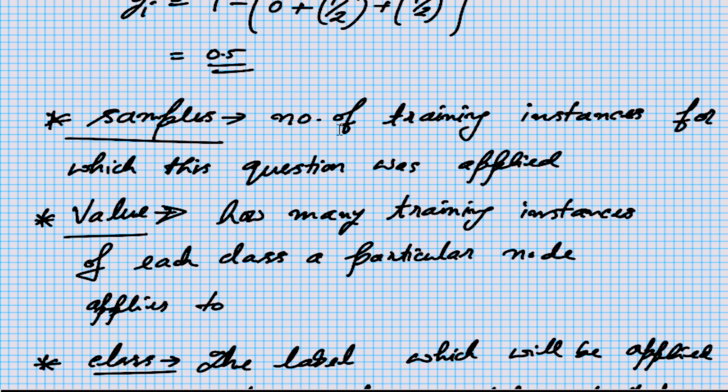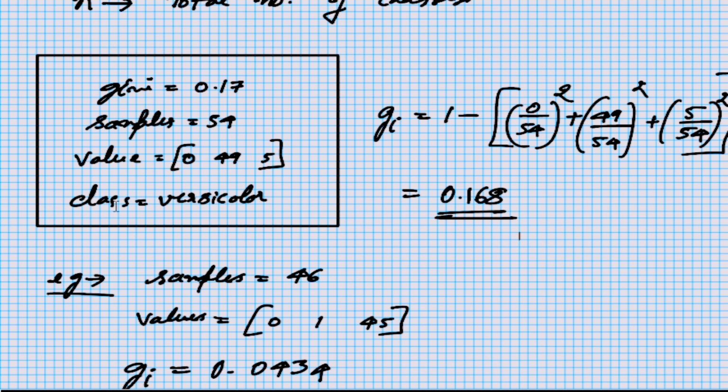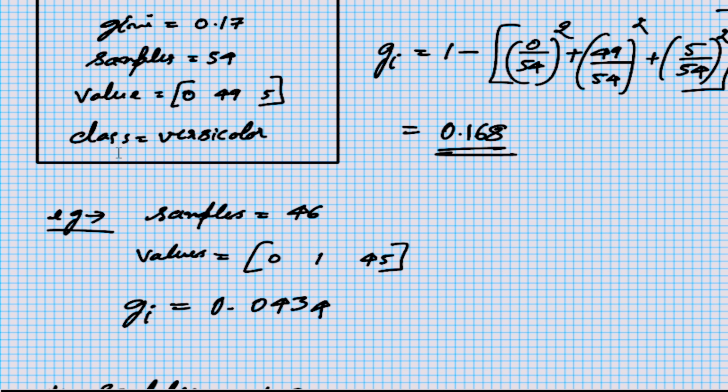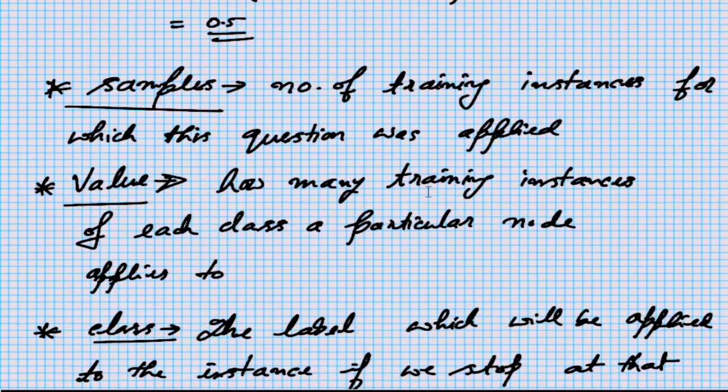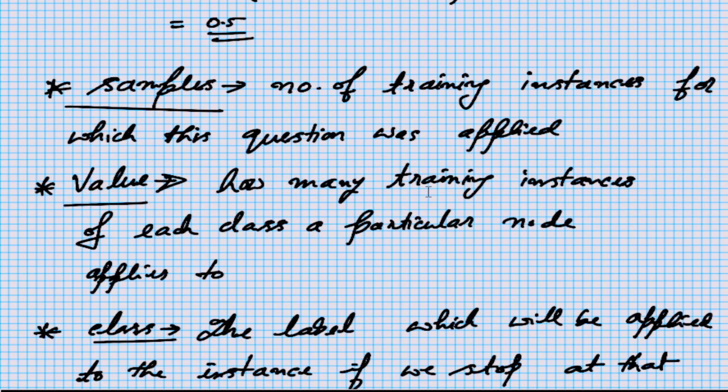Right? So in a particular node, we have several parameters present, one of which was the Gini score, which we have calculated. What are the other elements present in a node that represent its characteristics? You can see there is a parameter called samples.